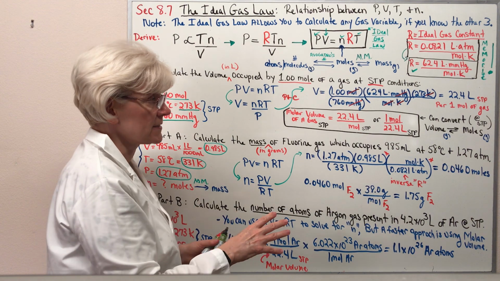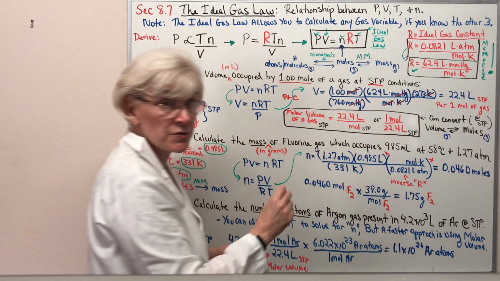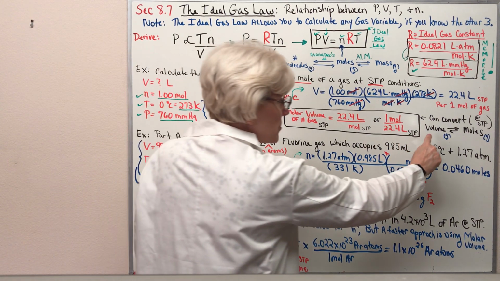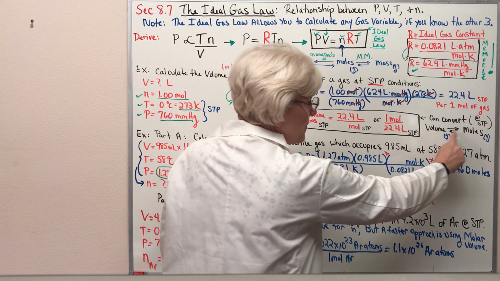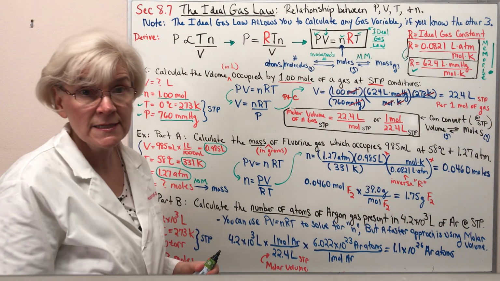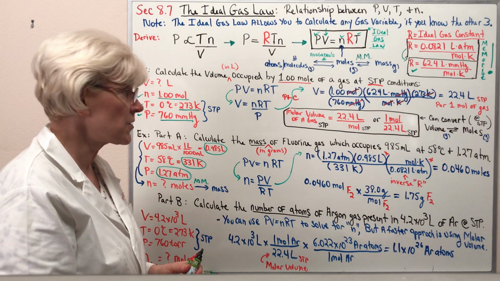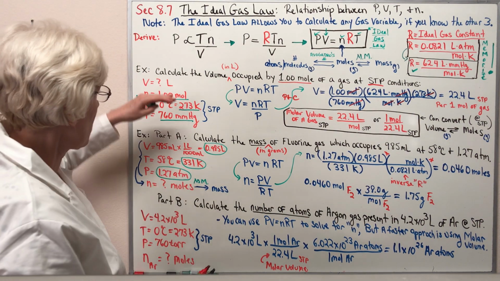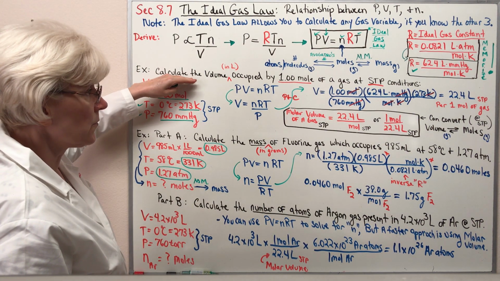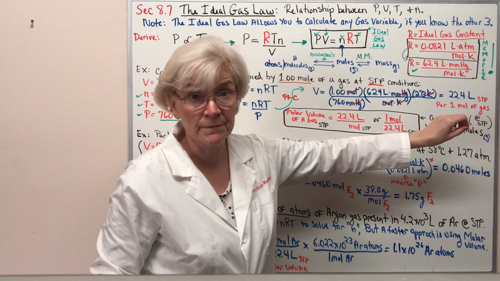Notice what this molar volume conversion factor enables you to do. It enables you to go directly from volume of gas to moles of gas if you are at STP conditions, just by using this conversion factor. So our first example was actually an exercise in solving for molar volume.